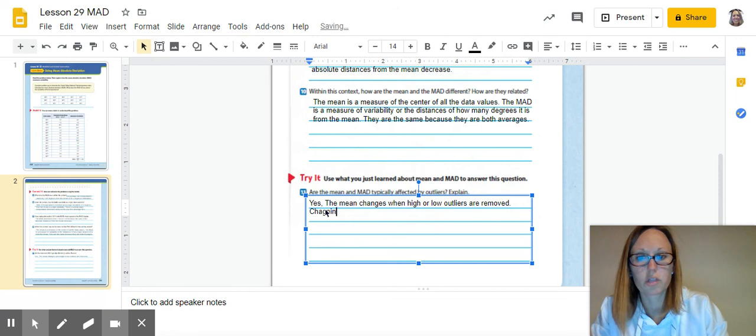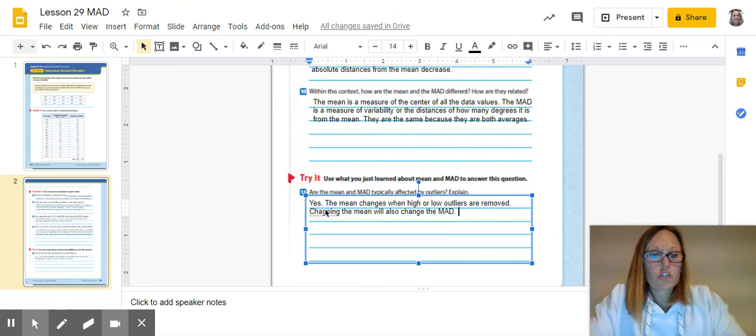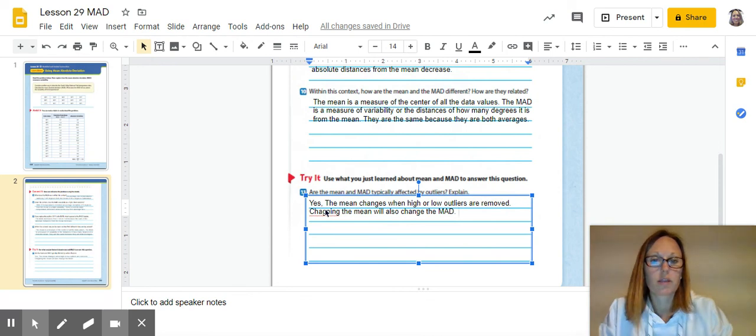And then changing the mean will also change the MAD, because you base the MAD off of the mean, so it's always going to change it.